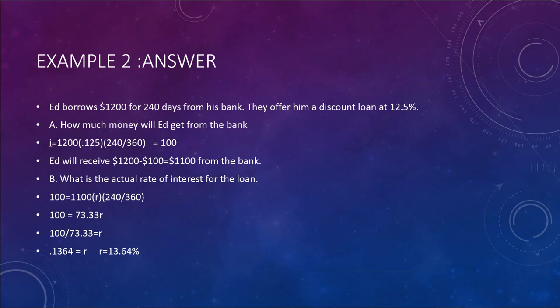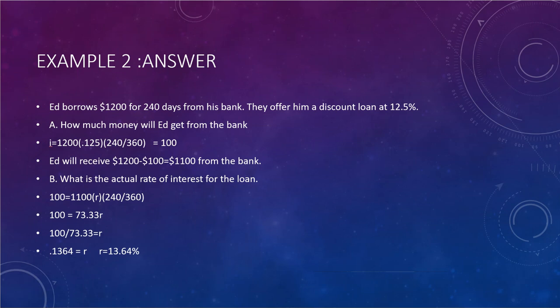So once again, I tried to pretty up the right-hand side before I tried to divide. I multiplied 1100 by 240 over 360, and I got 73.33. Now I can divide 100 by 73.33. That gave me 0.1364, which is 13.64%.